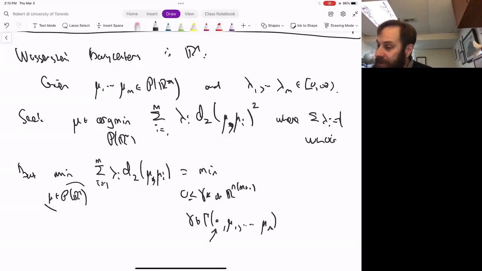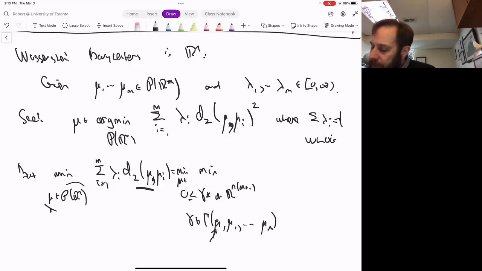Or to be more explicit, I could say this is min over mu, and then I could write the mu here. And some other point is that here I'm pairing mu with each of the mu i's independently, but using the splitting theorem, what is it called, the disintegration theorem, I can also pair mu with all of the mu i's together.